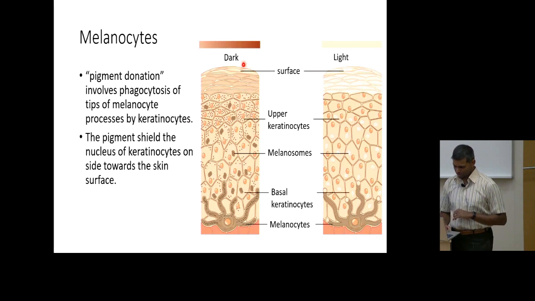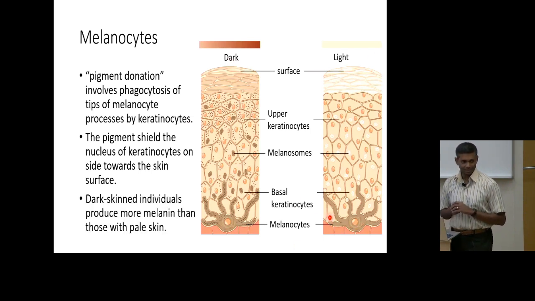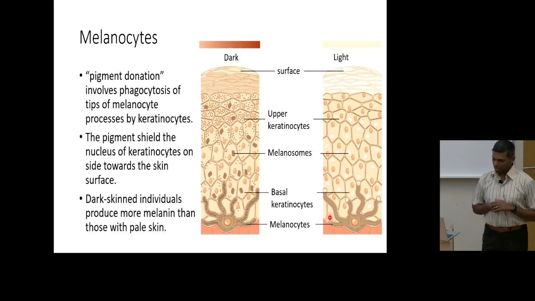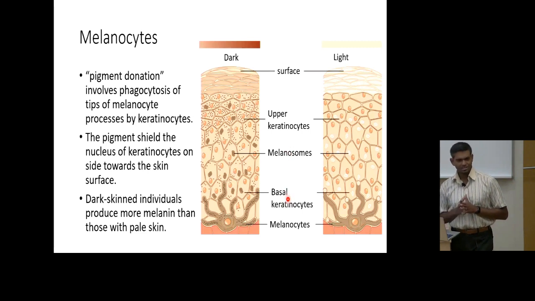So this picture here says dark and light, and I just want to point out that dark-skinned individuals produce more melanin. It's not that they have more melanocytes; the melanocytes they have just produce more melanin. And this definitely makes sense, because if you're living in a part of the world with intense exposure to the rays of the sun, then you need more melanin to protect you.